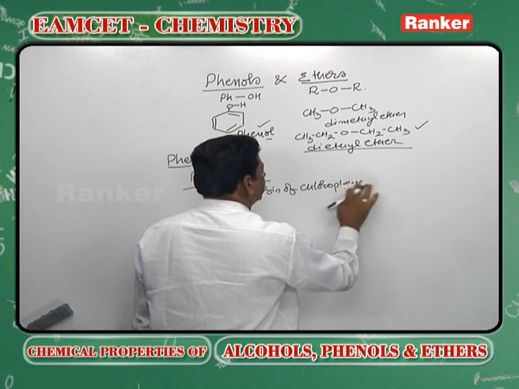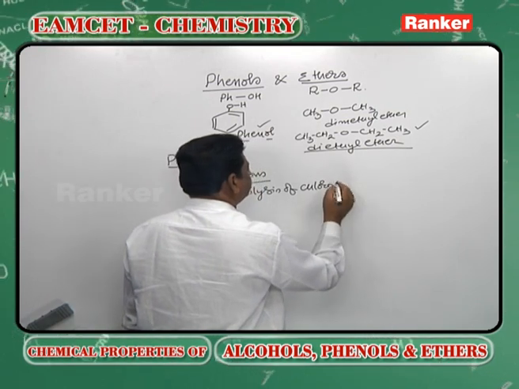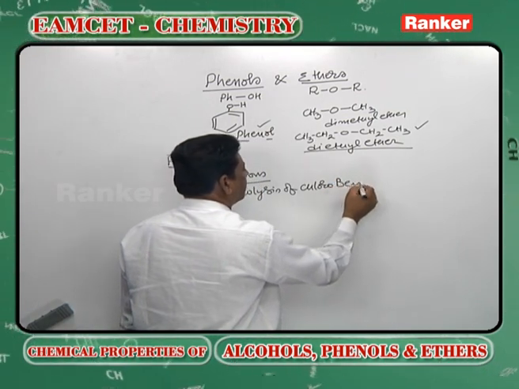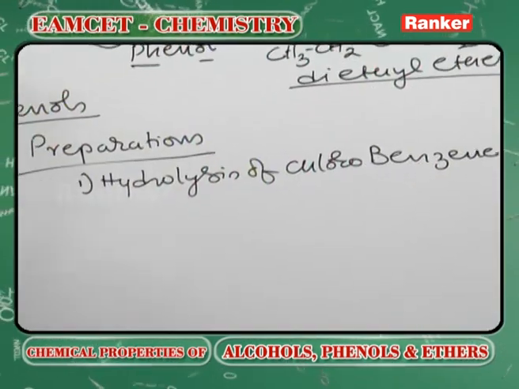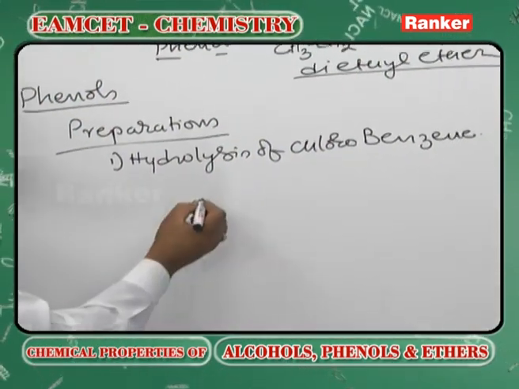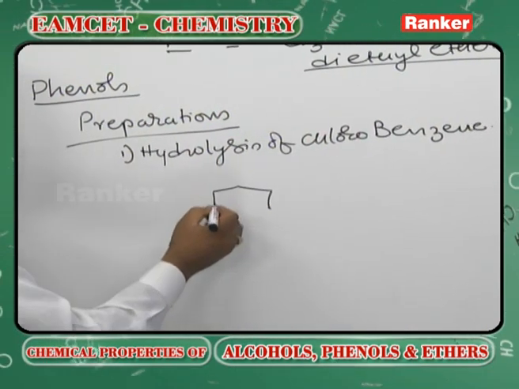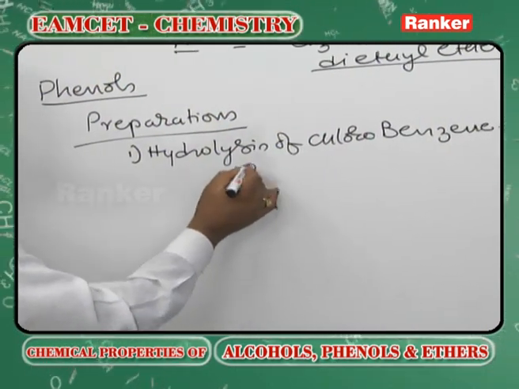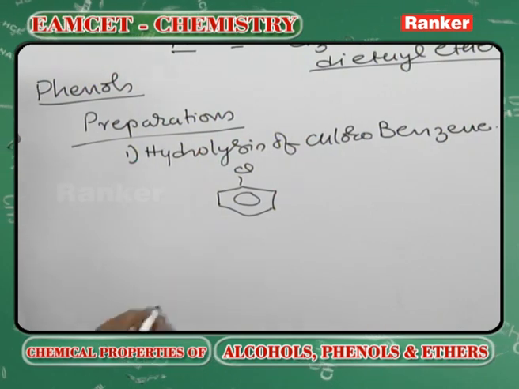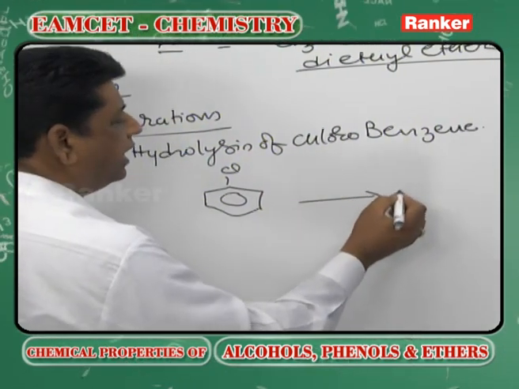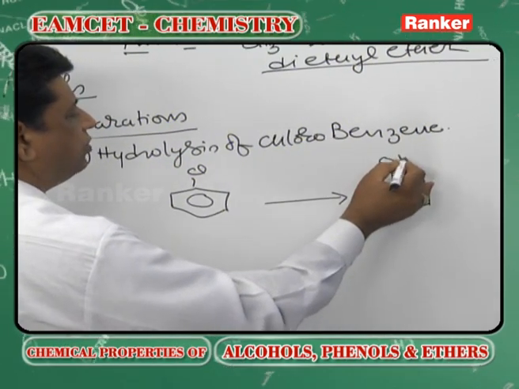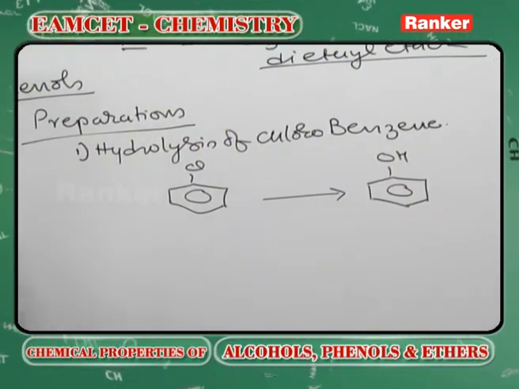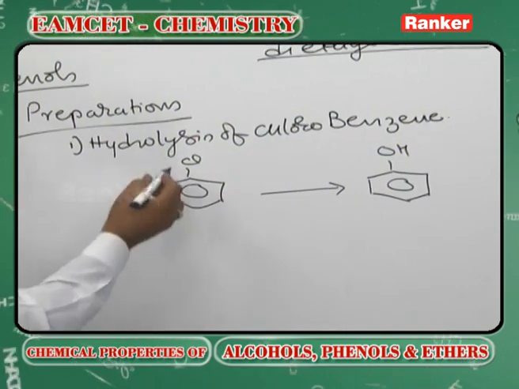Chlorobenzene, or phenyl chloride. That is benzene with a chlorine here, and that chlorine we are going to replace with an OH group. You can guess that OH minus should be there to replace this Cl.